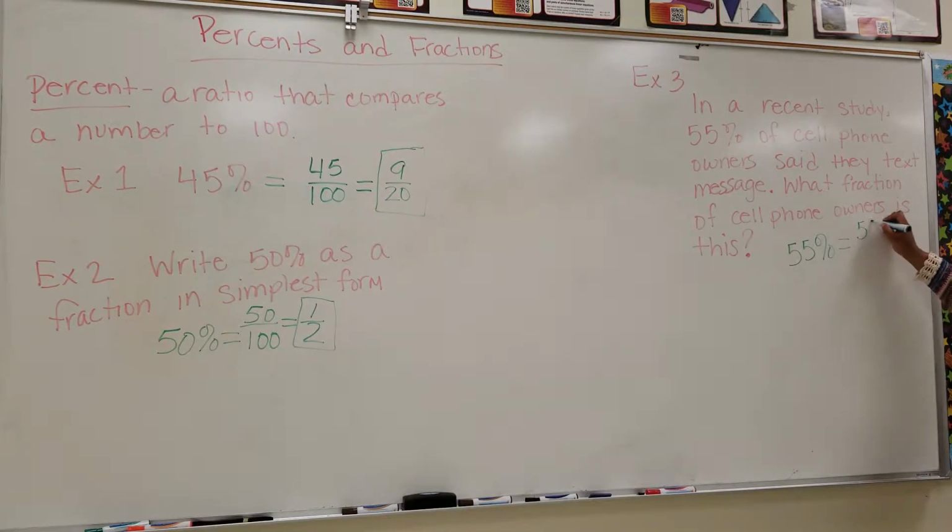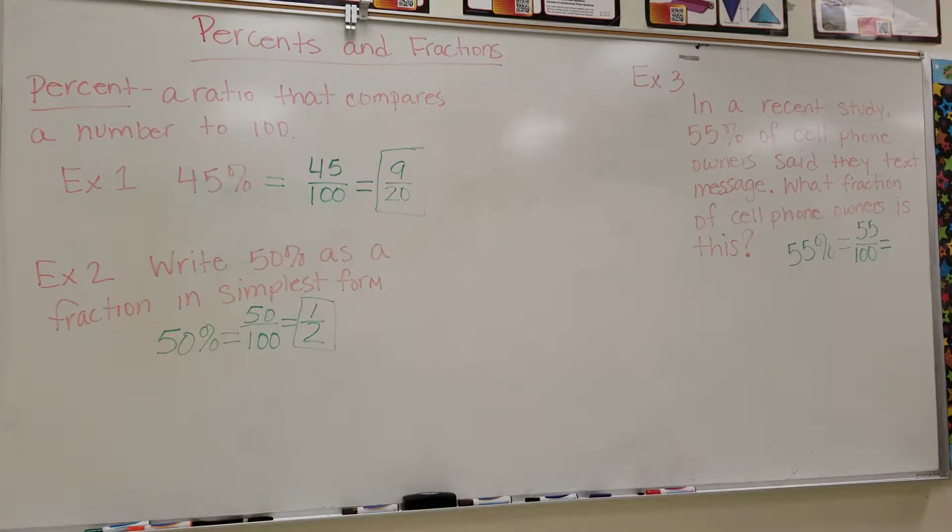We take the 55 and put it as the numerator, and then 100 as the denominator. From here, we can go ahead and simplify, okay? We have to pick a number that goes evenly into 55 and evenly into 100.